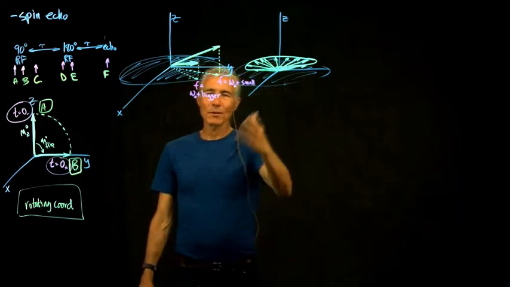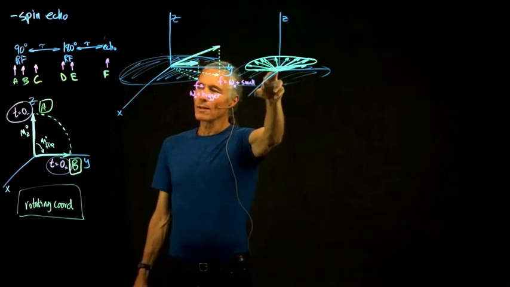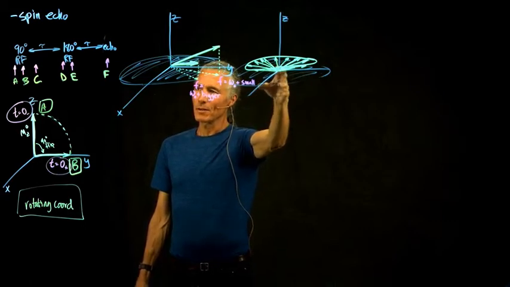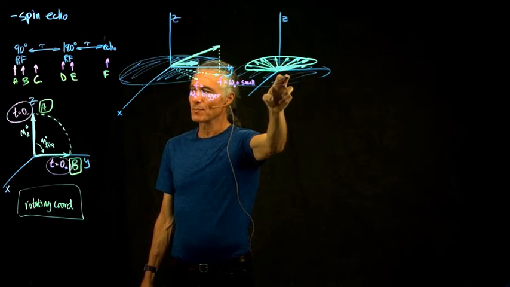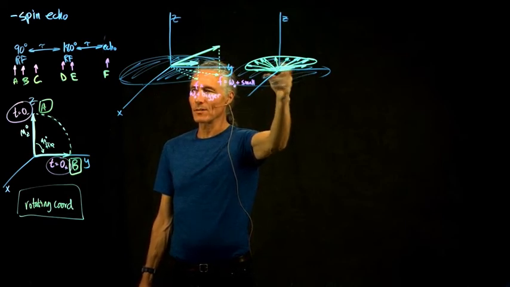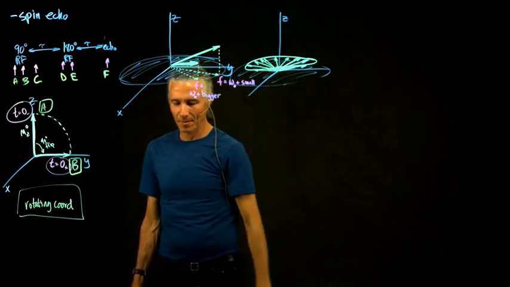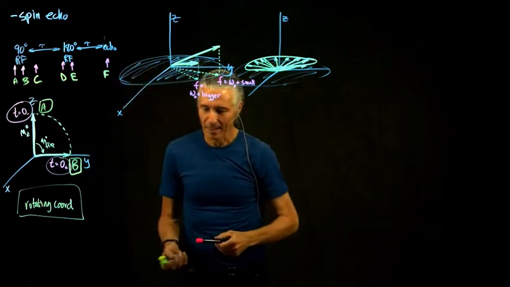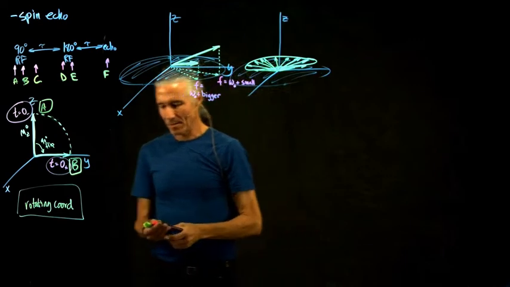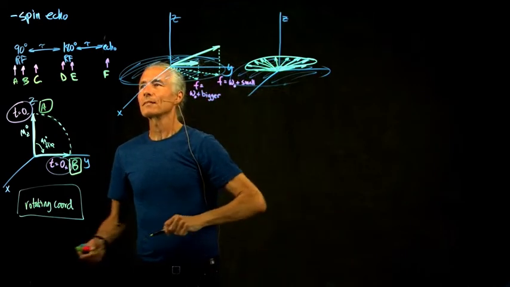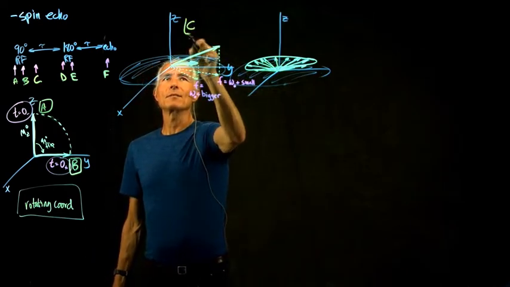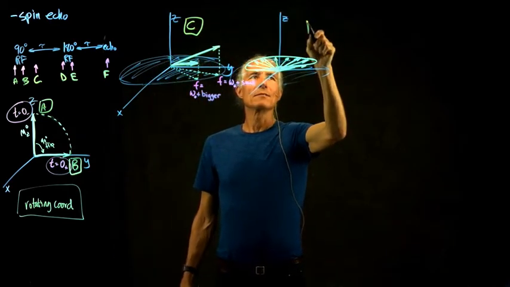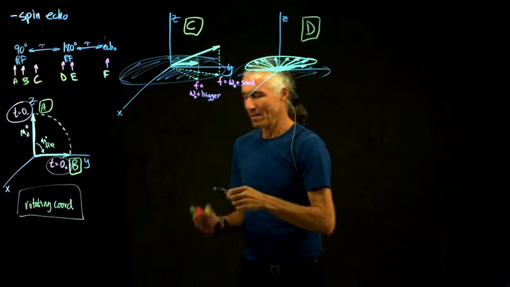The alternative is that there's no T2 magnetization left. But here's a case where there's a lot of T2 magnetization left, but you can't see it because it's all canceling itself out. So that's the state of affairs at D. This is the state of affairs at C. We're starting to get canceled out, and here's the situation at D.